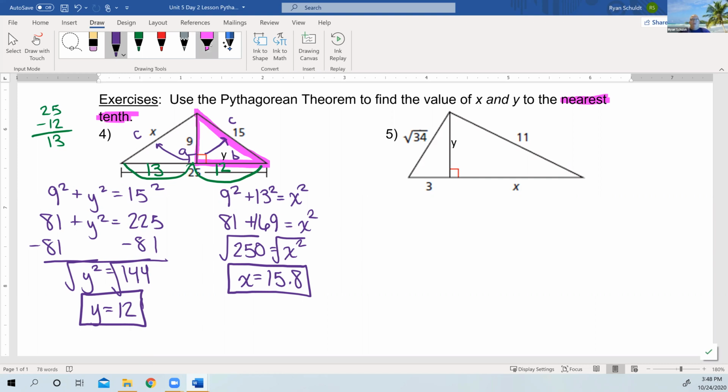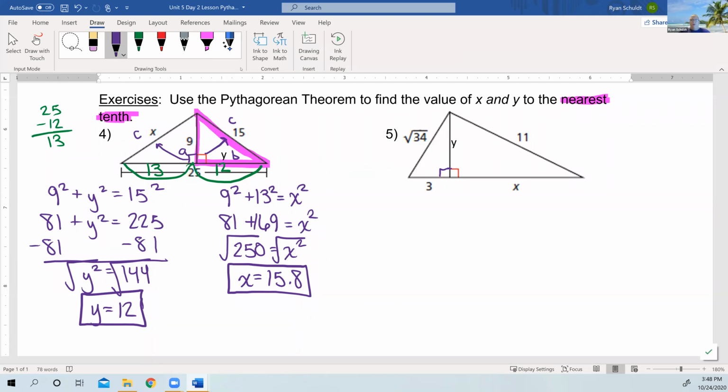Okay, on the next one, I want to look for my 2 right triangles that I know. So I've got this one on the left and the big one on the right. Now, how many sides do I know for the one on the left? 2. Square root of 34 and 3.